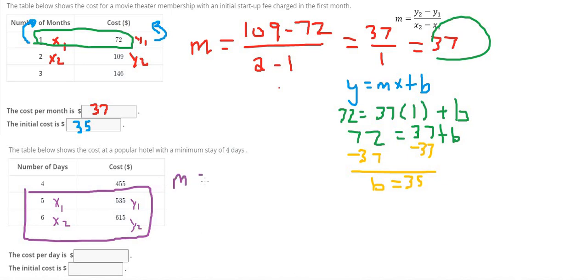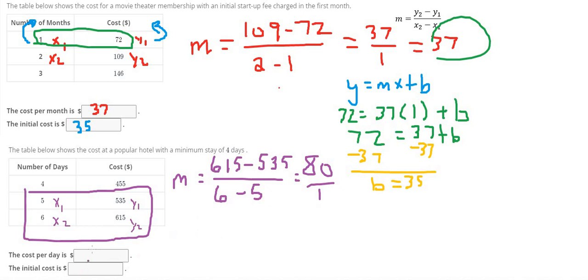So the slope then is going to be my second y, 615, minus my first y, which is 535, divided by my second x, which is 6, minus my first x, which is 5. 615 minus 535 is 80. And 6 minus 5 is 1. So our slope is going to be $80. So that's the cost per night for this hotel.